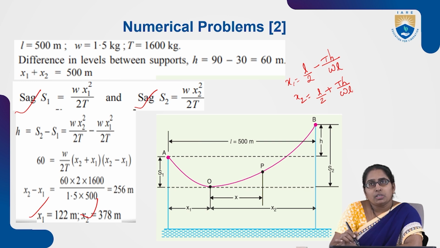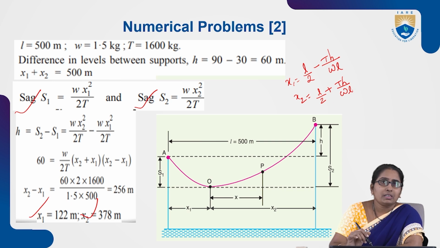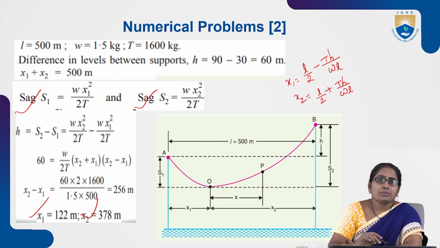Substituting the values, x1 and x2 are calculated, and you see the x1 value is 120 meters and x2 is 378 meters. So that is how x1 and x2 are calculated. Now come to calculating sag S1, sag S2.